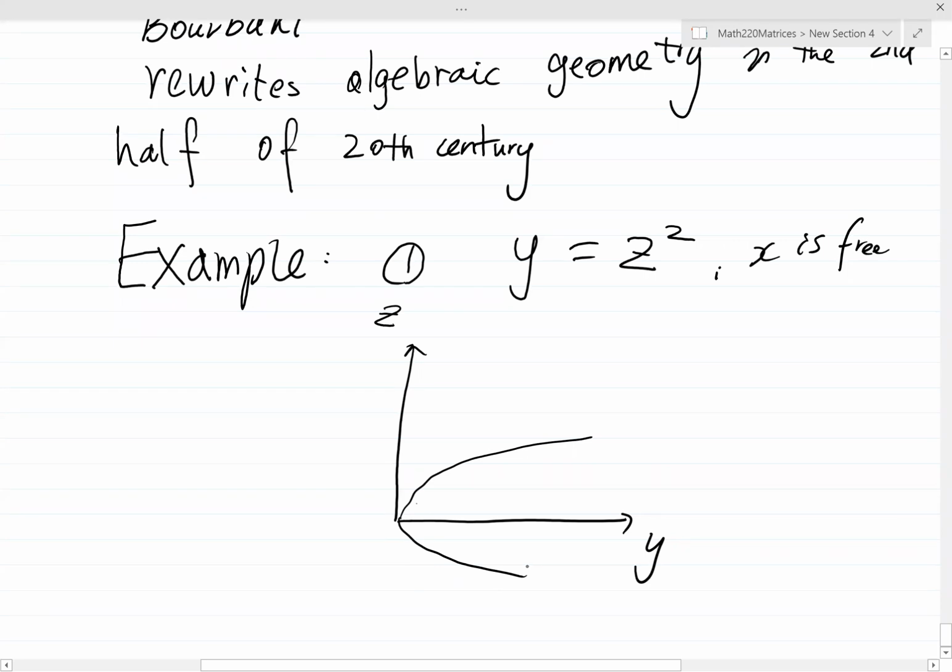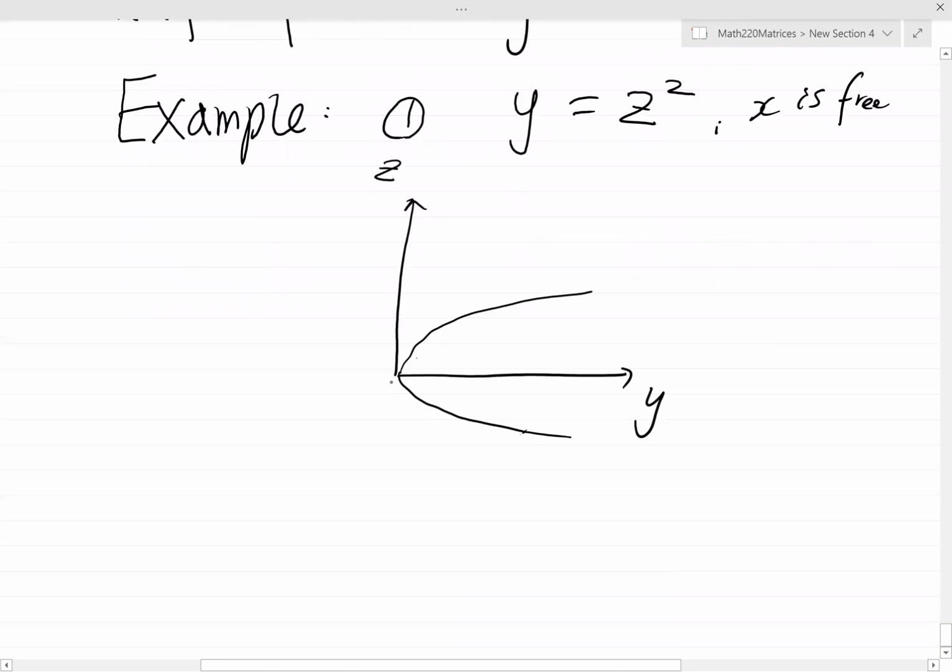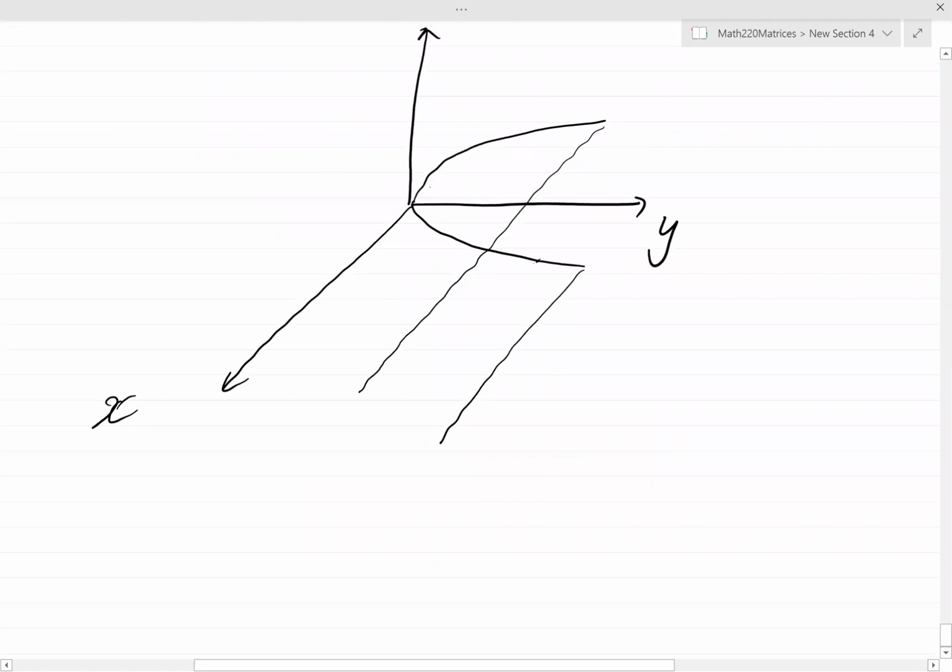Now what we do is translate the thing along the x direction. Suppose this is the x-axis, and we translate the parabola along the x-axis.